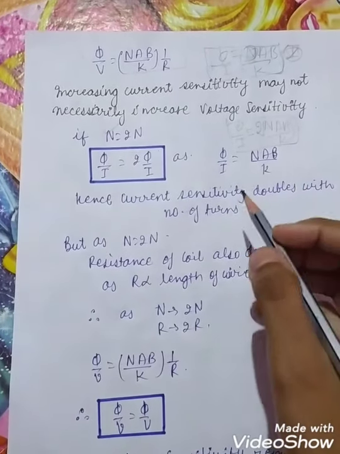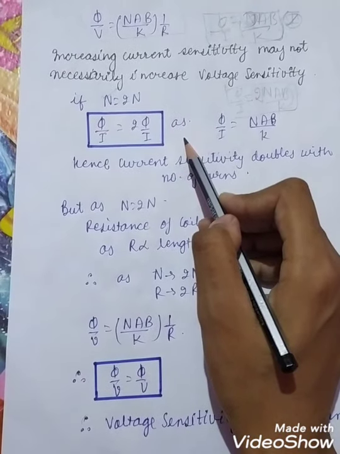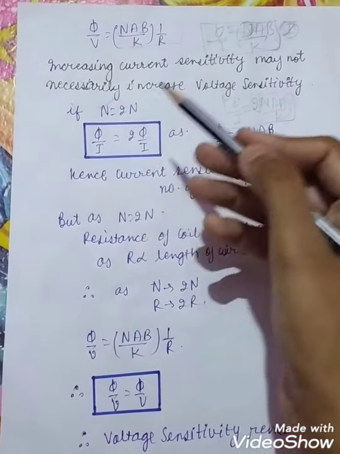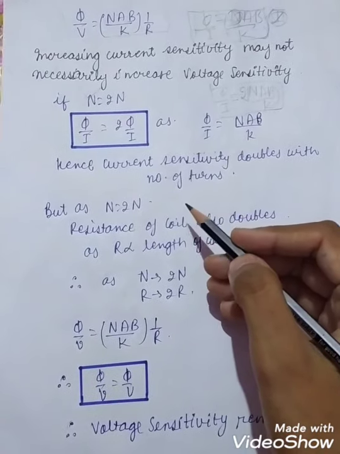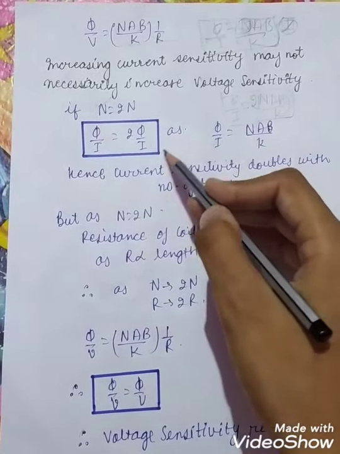So if we double the number of turns, the current sensitivity doubles, as we have seen here.